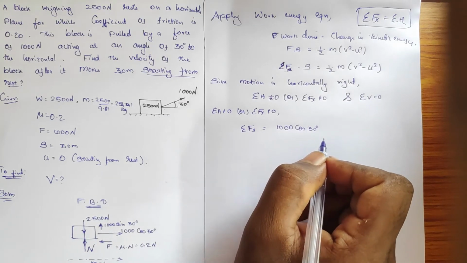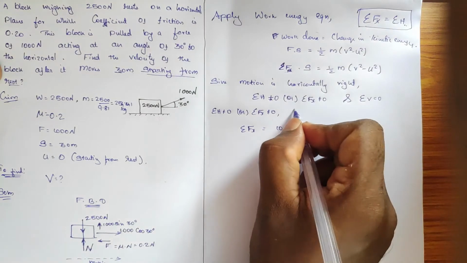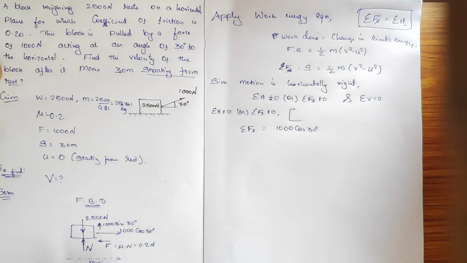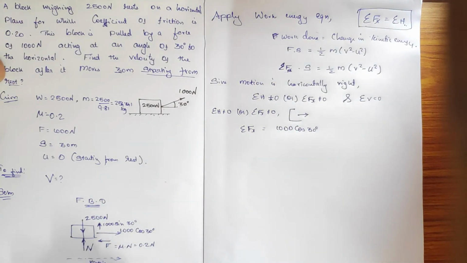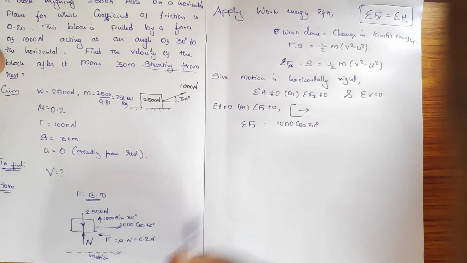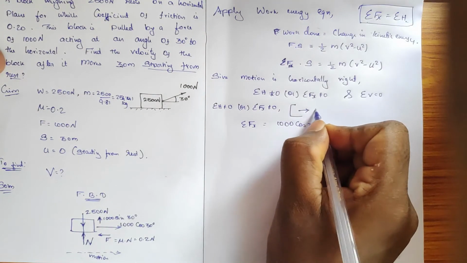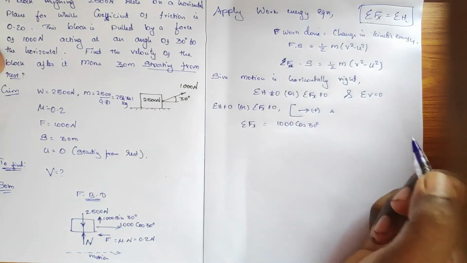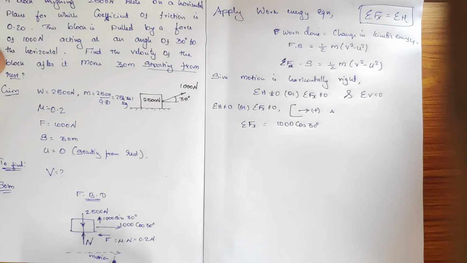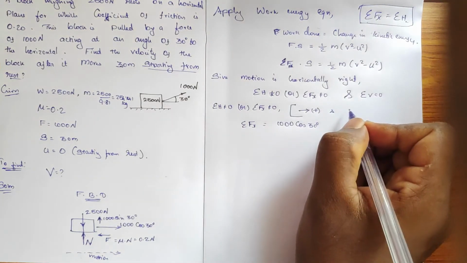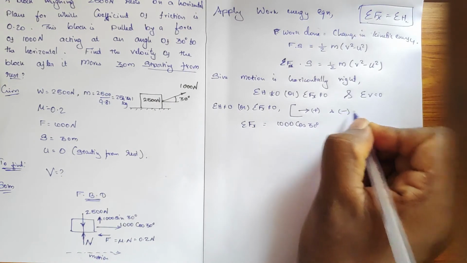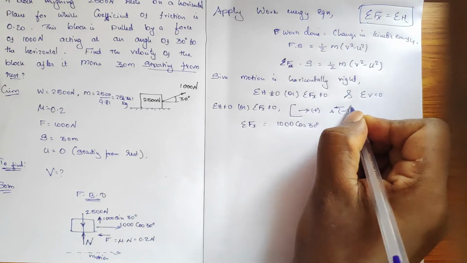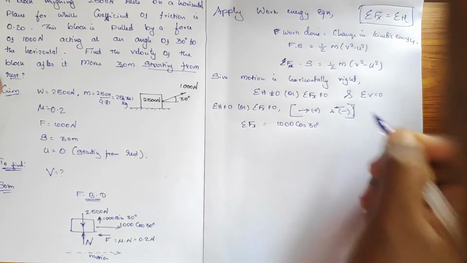And one more thing we need to observe here, when you are considering the sign, if the motion is towards the right side, then all the forces in the right side will be designated as positive. If the force is acting towards the left side, it must be designated as negative.